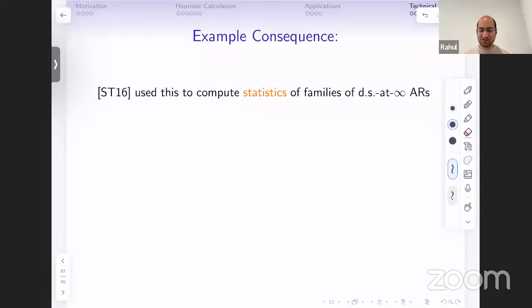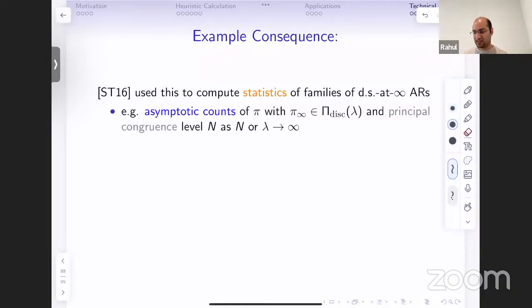And it used it to compute asymptotic statistics of families of automorphic representations with discrete series at infinity. So statistics, what could that mean? Well, first of all, you pick this discrete series L-packet, you pick some level n, and you count how many automorphic representations there are. You take a limit as n or lambda go to infinity, just as we were discussing before, and you try to figure out what the growth rate is.